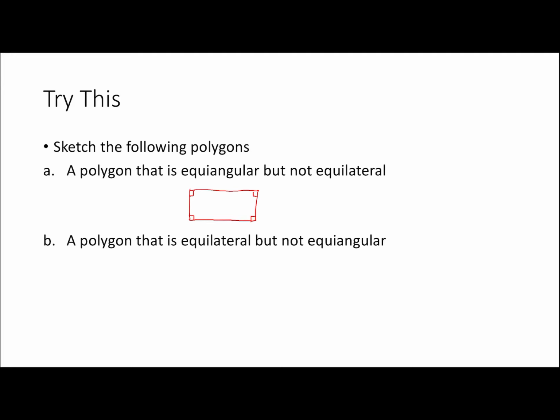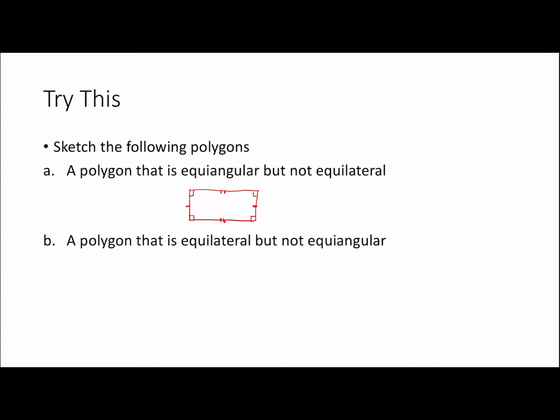It is equiangular, but it is not necessarily equilateral. So in this case, these two sides are congruent, and then also the top and bottom sides are congruent, but they're not all congruent. So it's not equilateral, it's just equiangular. So that's one of several examples you might come up with.